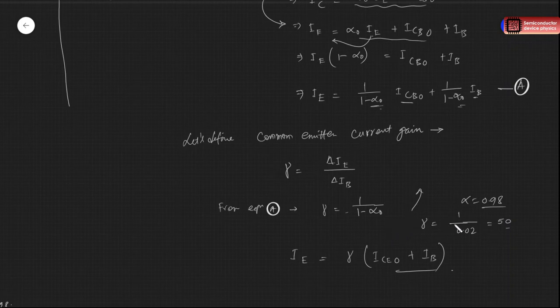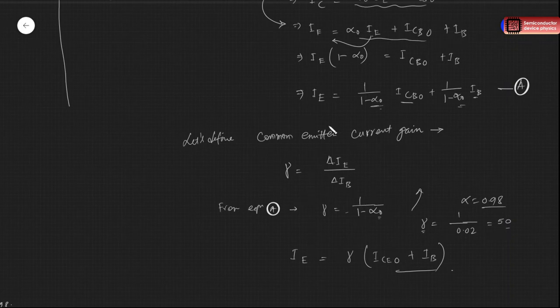The gamma value increases drastically as the alpha value approaches 1, right? So here also we have a very good current gain: a little change in the IB gives a huge change in the emitter current.